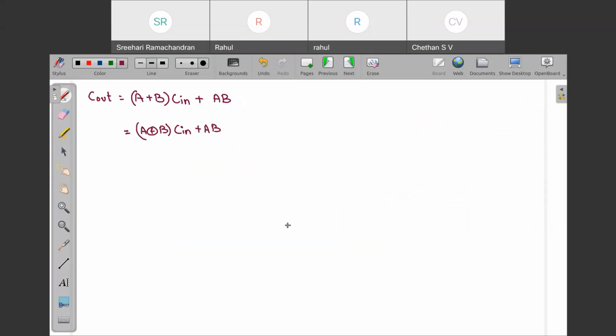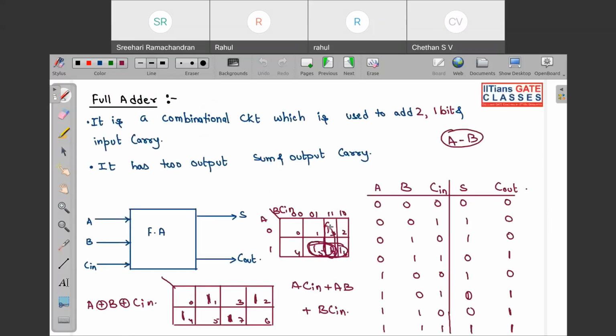These two are equivalent. Remember this. Is this clear? You can solve it, and even this one, if you solve, you will get the same kind of K map. Any doubts?